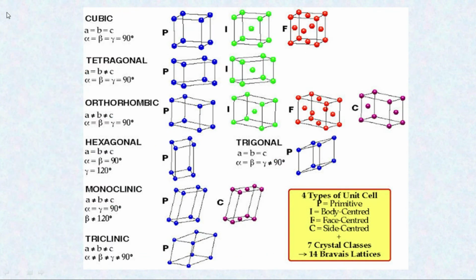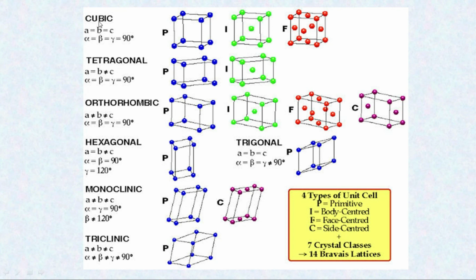So we have seen different types of unit cells. Their structures you can observe in this particular slide. Here the notation is slightly changed. P stands for primitive, I stands for body centered, F stands for face centered, and C stands for side centered or end centered.